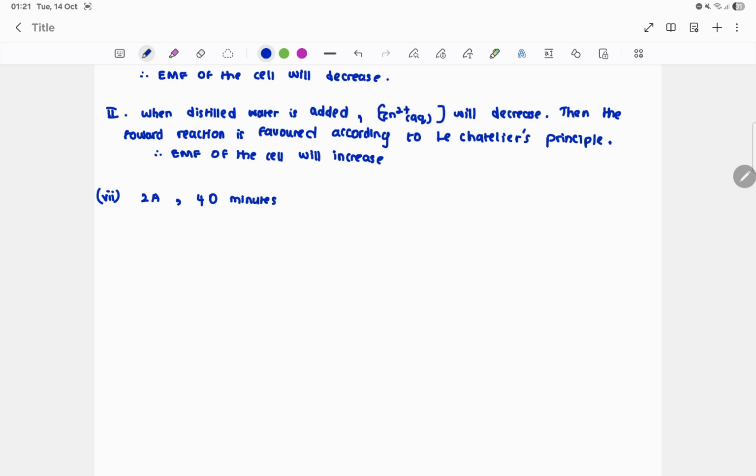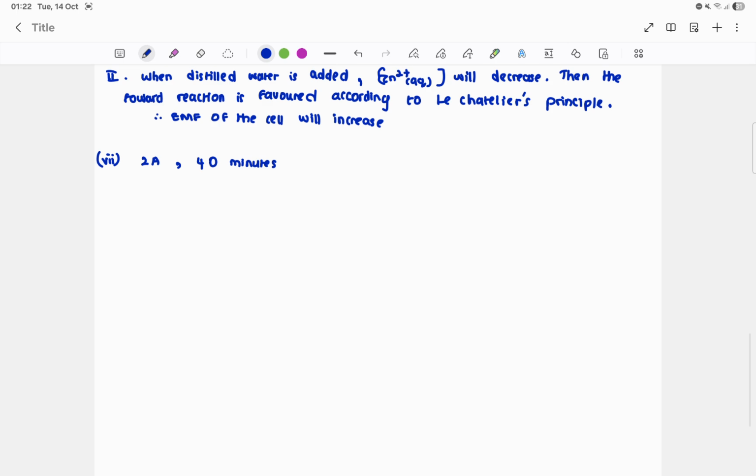Then 100 cubic centimeters of solution present in the half cell of the cathode was taken and titrated with 0.8 mol dm^-3 KMnO4 solution. Considering the initial concentrations of Fe2+ and Fe3+ ions to be 1 mol dm^-3 each, find the volume of KMnO4 required. The initial volume of both half cells is 200 cubic centimeters each.